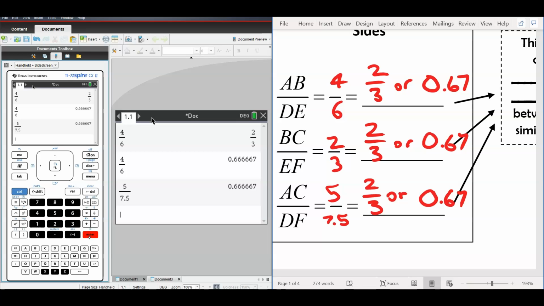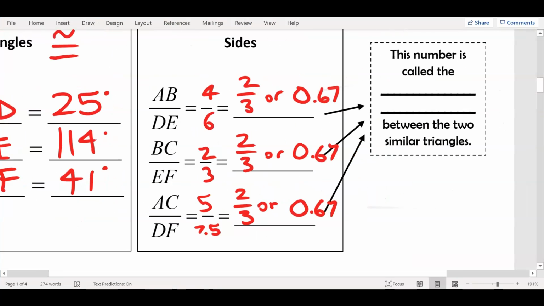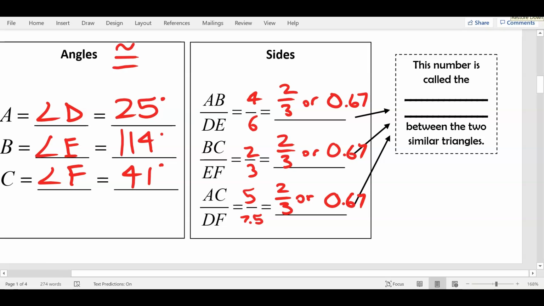They're all the same, right? They're all 2/3. Cool. So in similarity, when I make fractions out of those sides, they should give me the same exact number. That's called being proportional, proportionality. Now, off to the right, go ahead and fill this in. The number that they all equal is called a scale factor between the two triangles, okay?